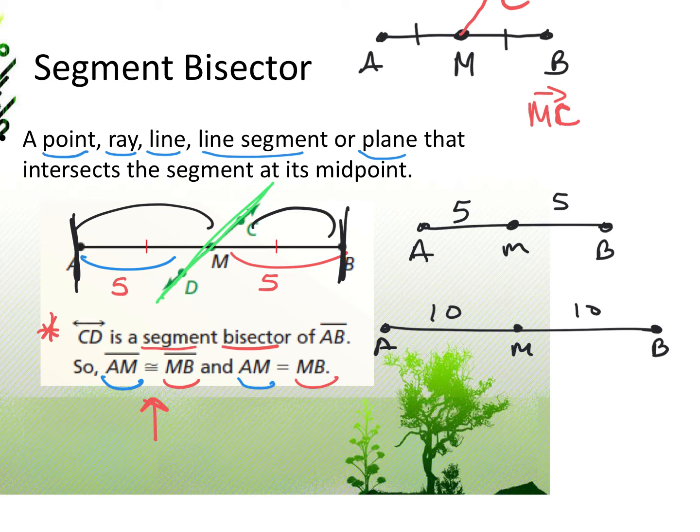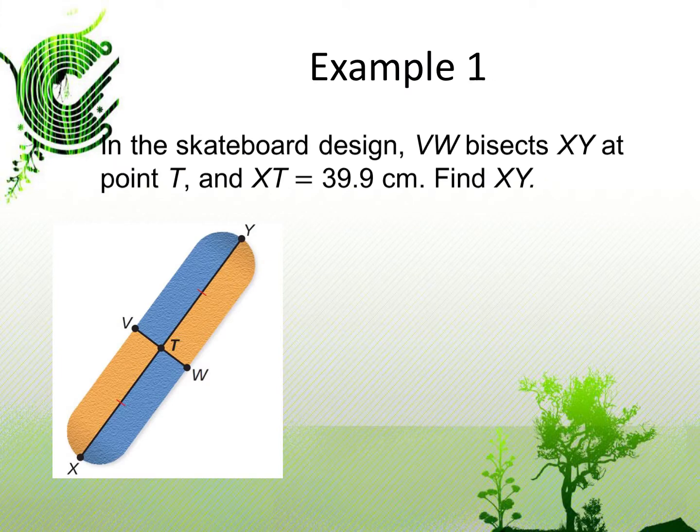So let's try an application of this with our first example. Here, example 1, this is a skateboard design. And again, in words, they're telling me that VW bisects XY at point T. So here is VW, and it's bisecting this segment XY.